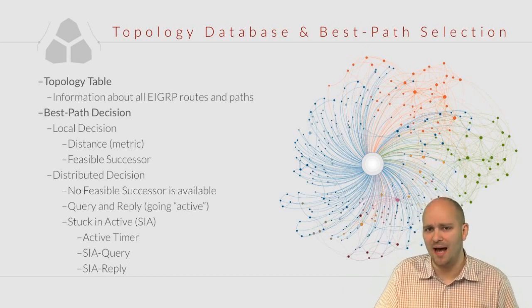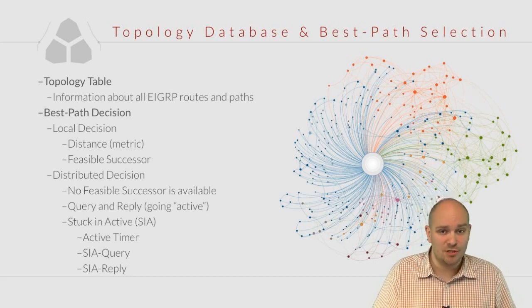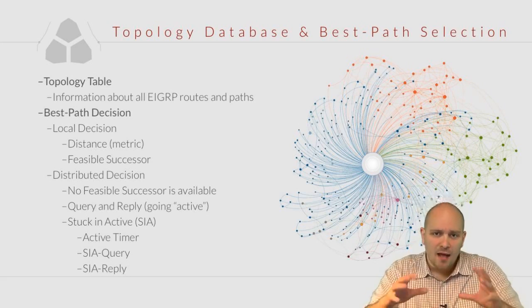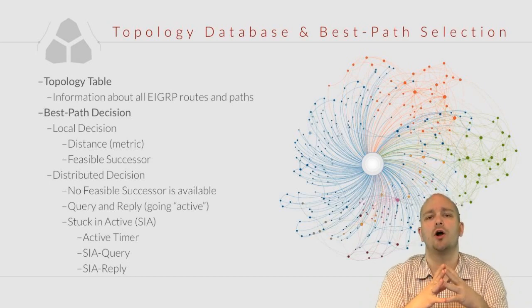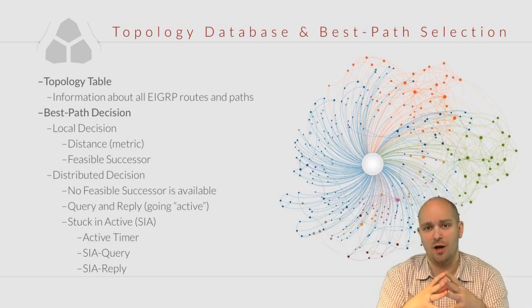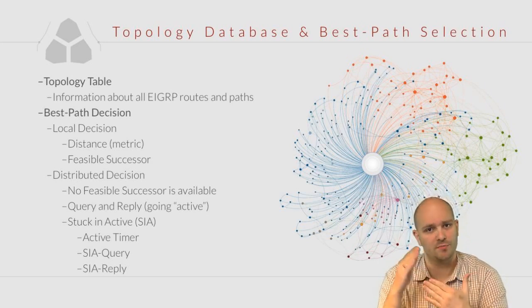Sometimes this going active on a route can result in a very specific situation in EIGRP that is called stuck inactive. What is stuck inactive? Now imagine that we are sending the query to our upstream, but our upstream router doesn't have a local route, or it does have a route learned from someone else.